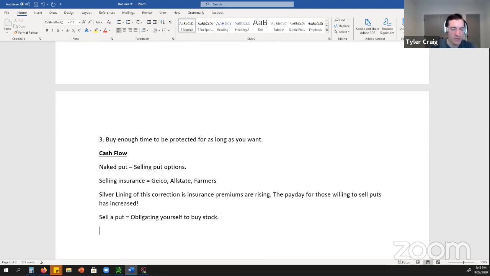You can treat this as a trade where you just get in and out, or you can treat this as the potential entry into an investment where you sell puts on a stock you wouldn't mind owning.